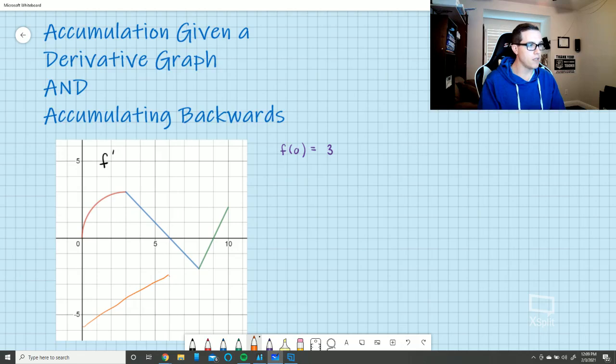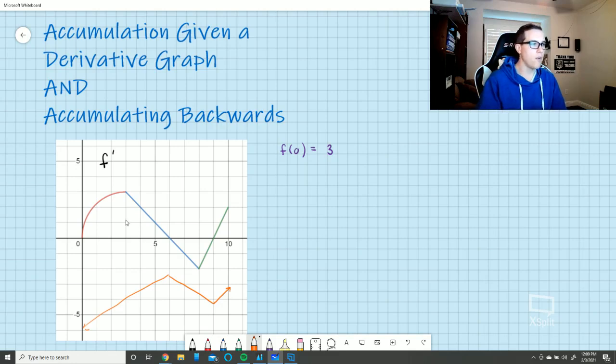Then from 6 to 9, the function's decreasing because we have negative area. And then from 9 to 10, the function's increasing. Obviously, I didn't do anything with concavity, but that's the general shape of what the original function should be doing. Going up, going down for a little bit, and going back up. That'll be helpful when we start finding these values.